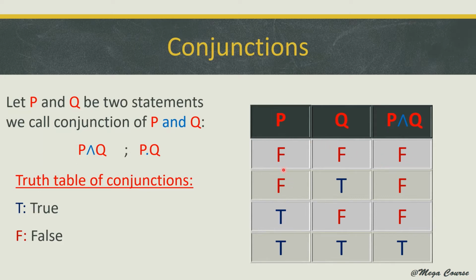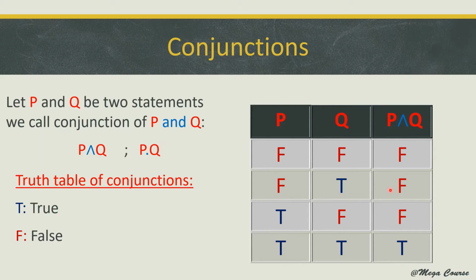When P is false and Q is true, it is false. When P is true and Q is false, it is also false. But when both of them are true, P is true and Q is true, then P and Q is true.